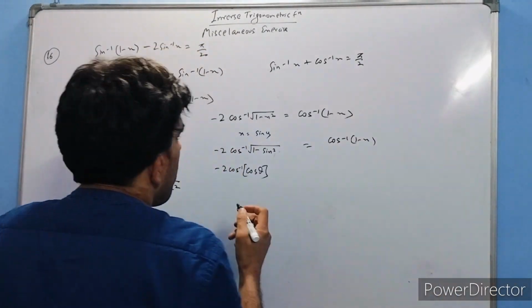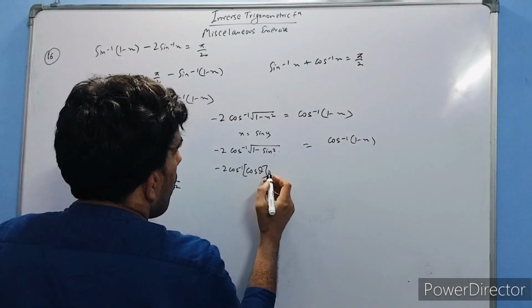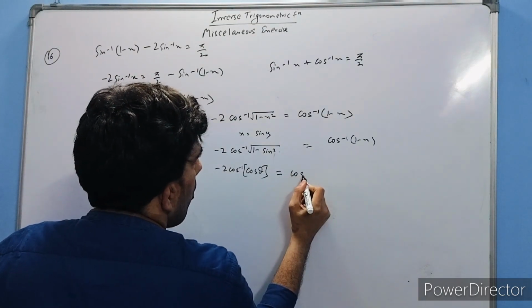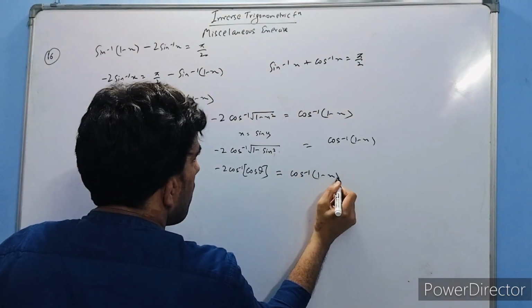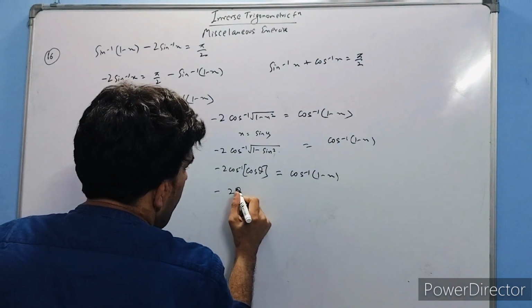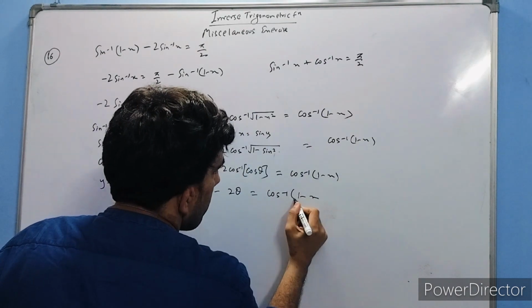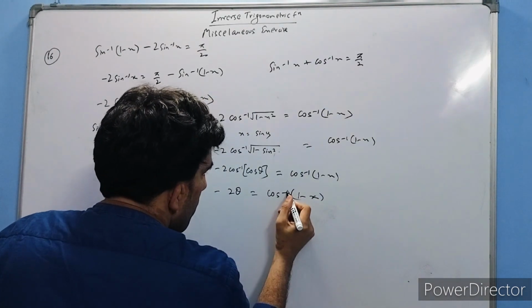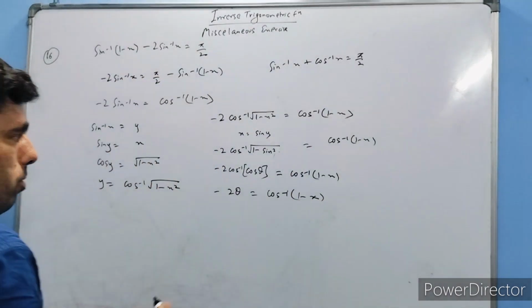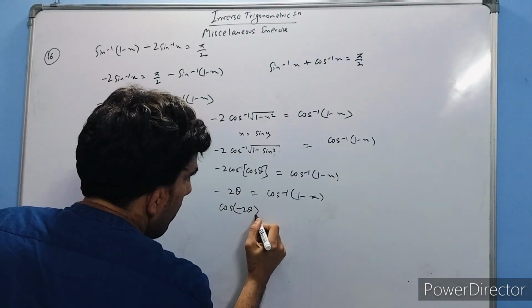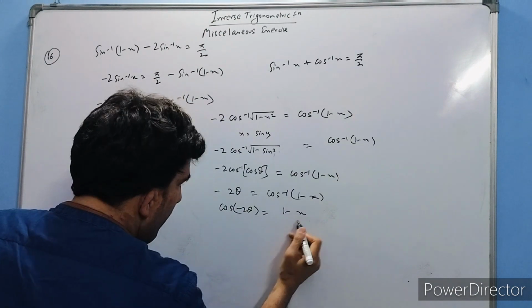So cos theta is equal to cos inverse 1 minus x. So now we have minus 2 theta is equal to cos inverse 1 minus x. Okay, so we can take cos of minus 2 theta is equal to 1 minus x.